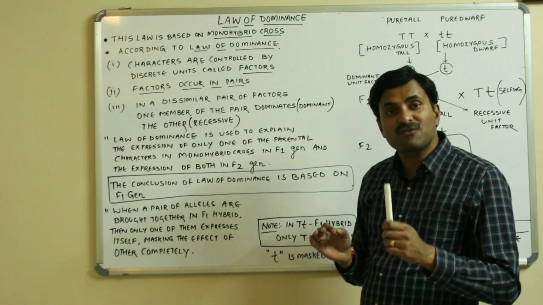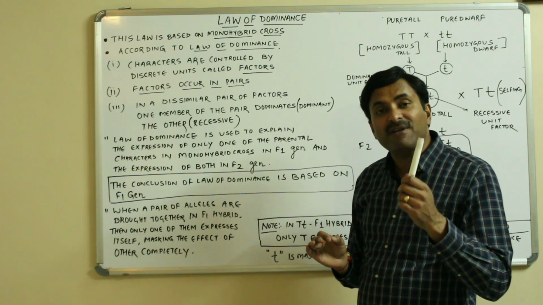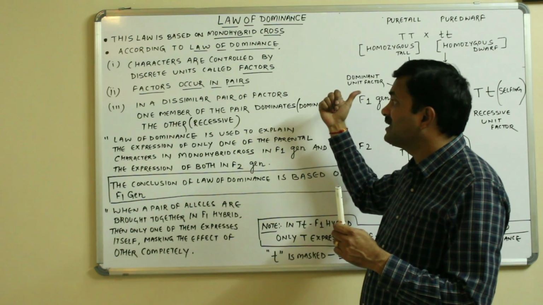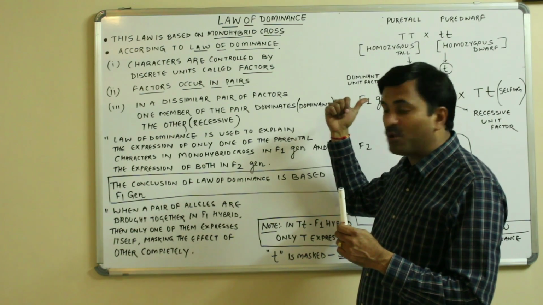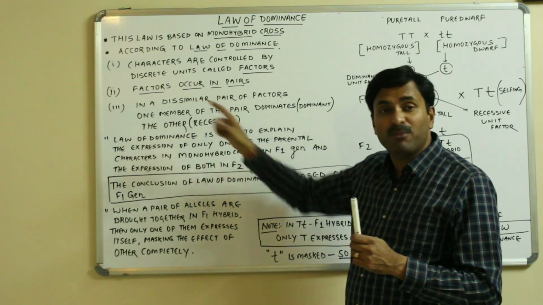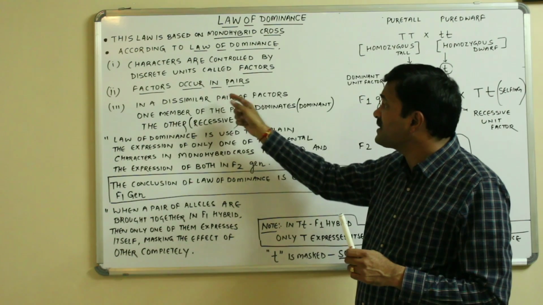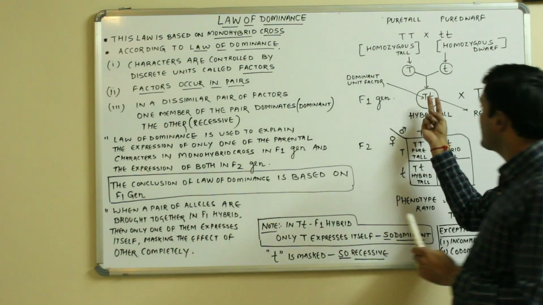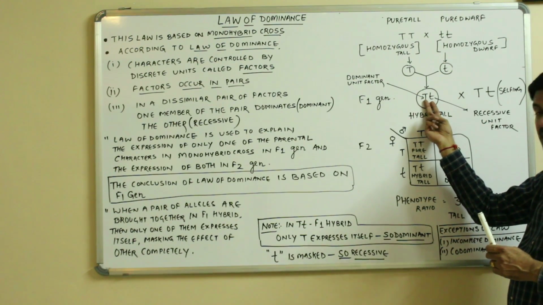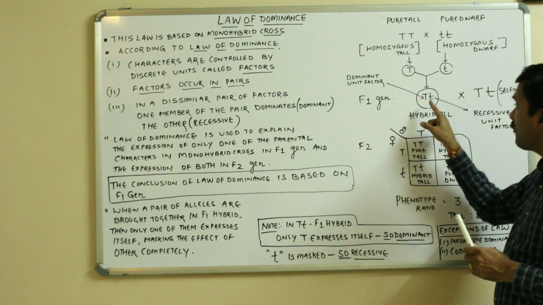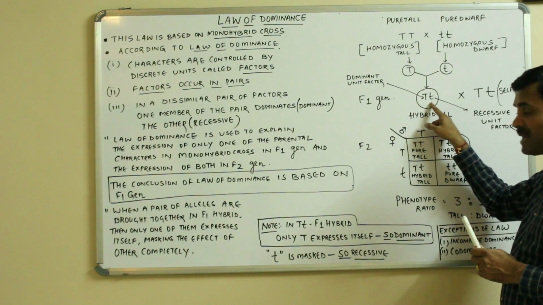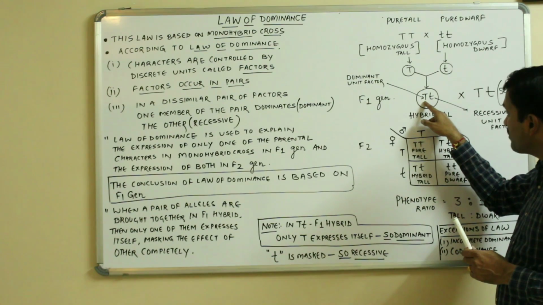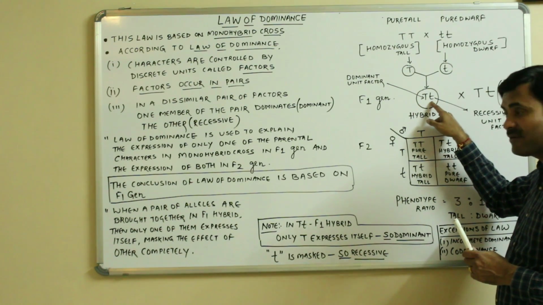These factors, which are later called genes, never occur individually. They are always found in pairs. We'll see this when we talk about the monohybrid cross. Now the third point is very important. In a dissimilar pair of factors, one member of the pair dominates the other, meaning one is dominant and the other one is recessive.